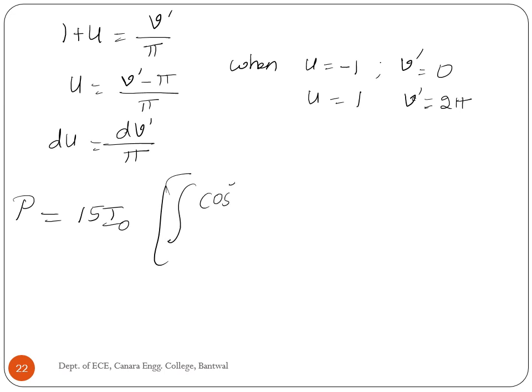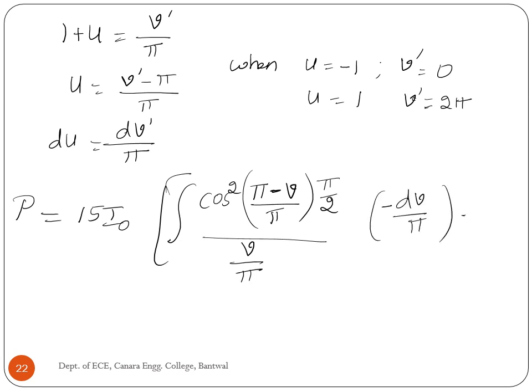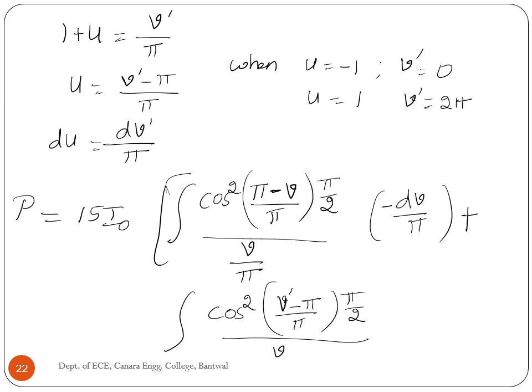integration of cos square of (pi u or u is pi minus v divided by pi) into pi by 2 divided by v pi by pi, minus dv by pi, plus integration of cos square of (v dash minus pi divided by pi) and pi by 2 divided by v dash divided by pi, dv dash divided by pi.